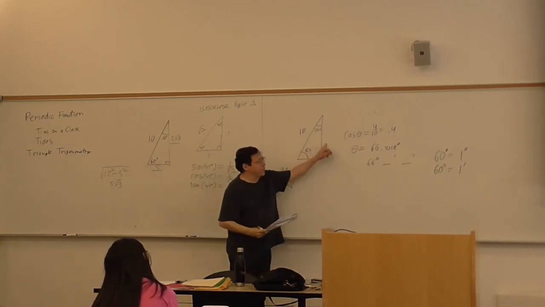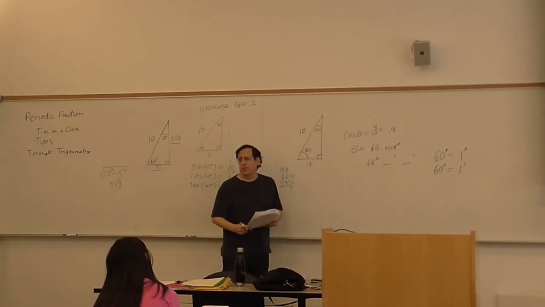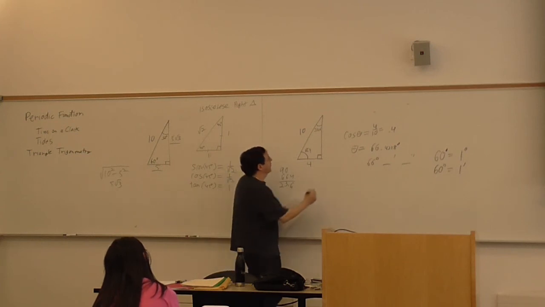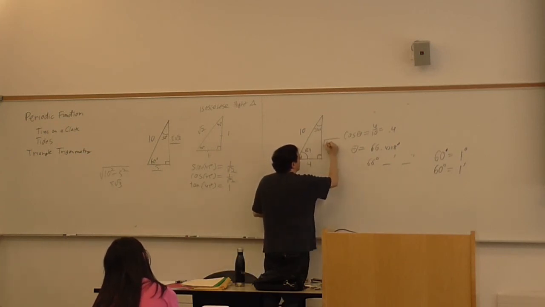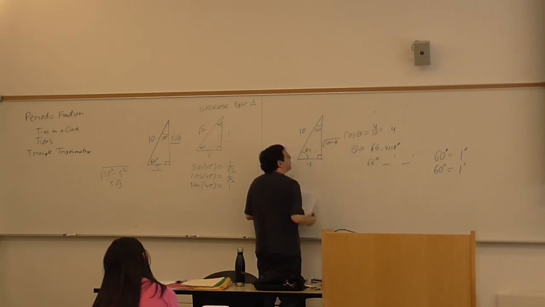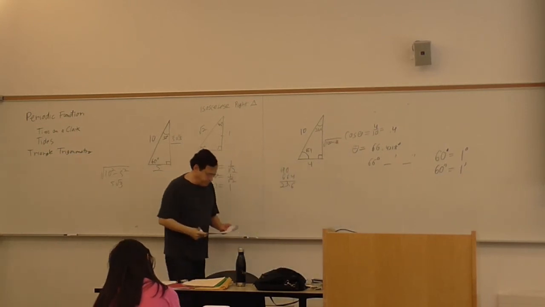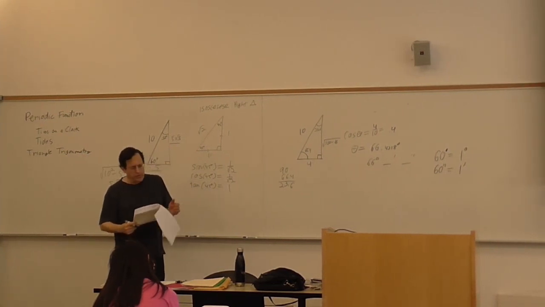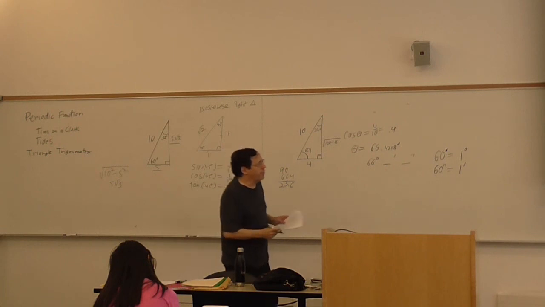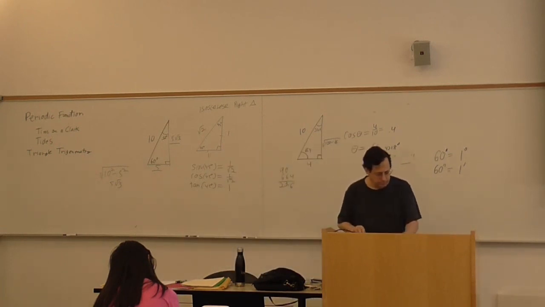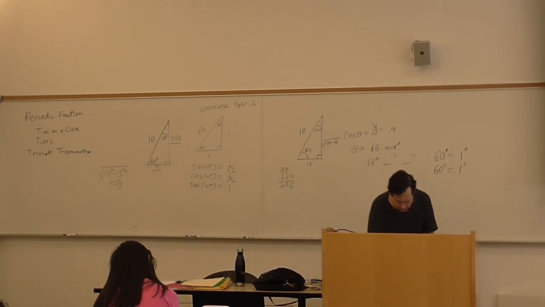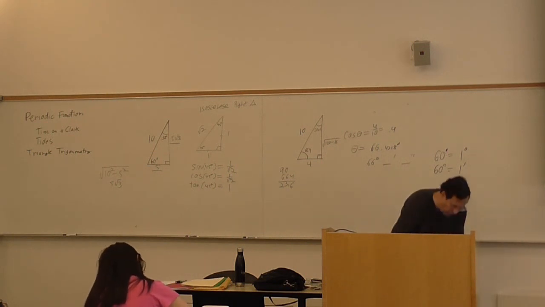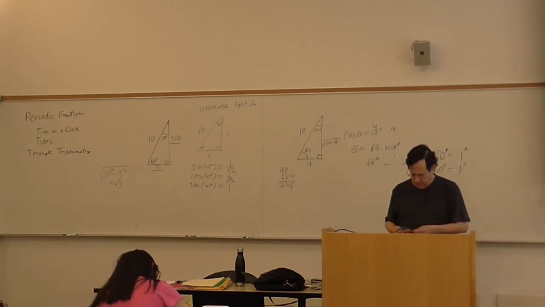And finally, I can find the fourth side the same way I've been doing using the Pythagorean theorem, right? Square root of 100 minus 16, whatever that is. Okay, that's basic. It's basic triangle trigonometry.